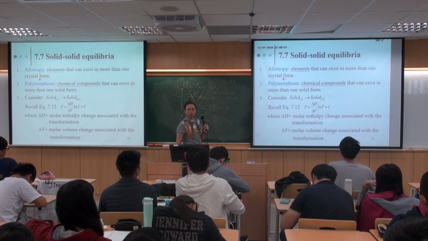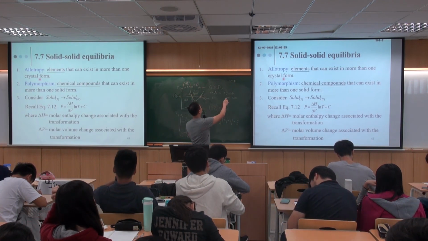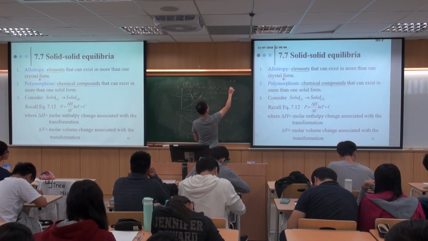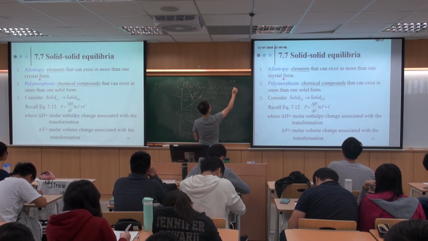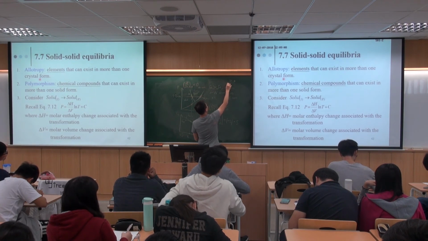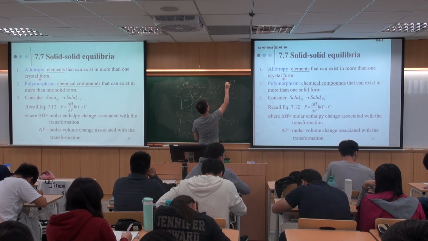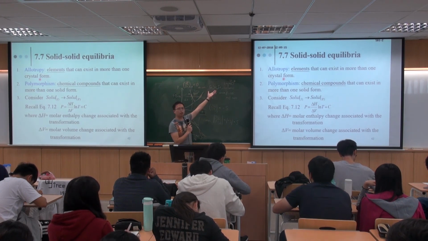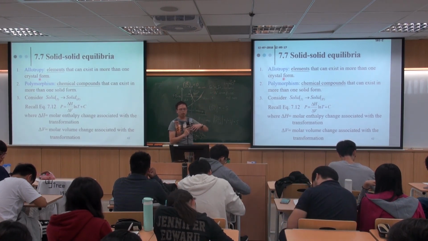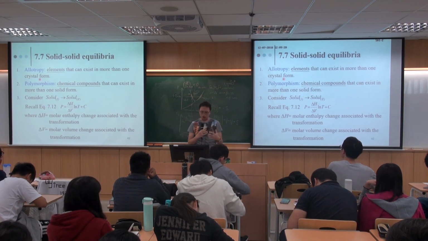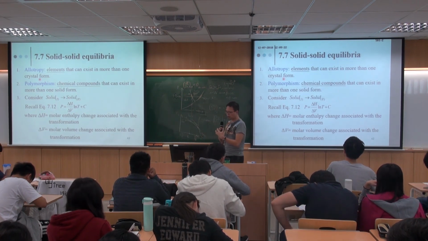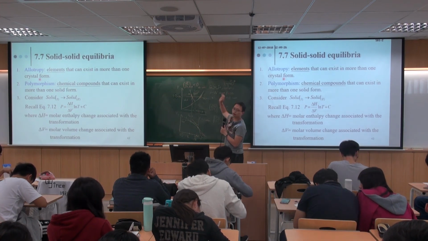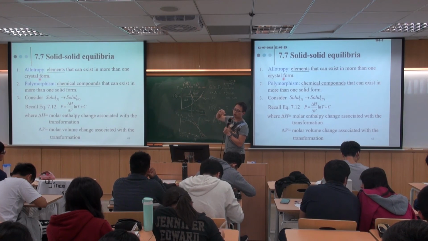So this is a chemical compound, and this is a material that can transform from, say, amorphous to crystalline. So this kind of compound is not a single element. It's a kind of chemical compound. You can have this from a liquid-like amorphous form and change that into a crystalline form.